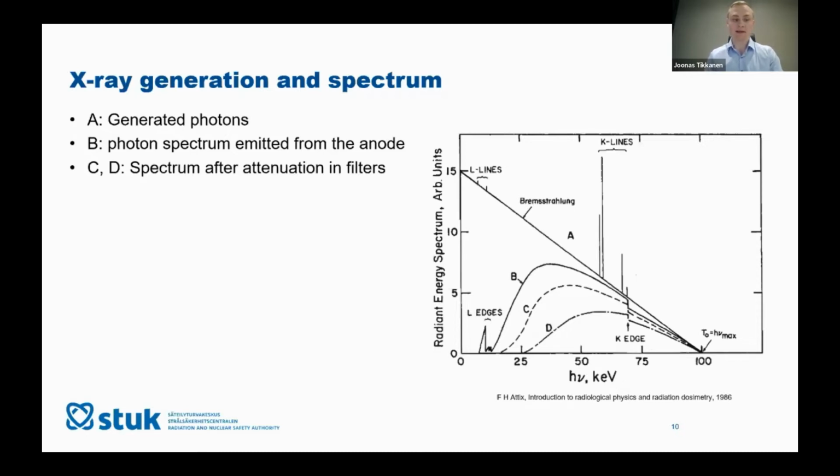But because the anode is of heavy material, tungsten, not all of the photons reach even the surface of the anode, and it gets attenuated inside the anode. And this spectrum B here is the spectrum that is coming from the surface of the anode. And then we have the tube window, inherent filtering, and the additional filtering, and the spectrum changes its shape the more we attenuate it, and also depending on what material we are using.